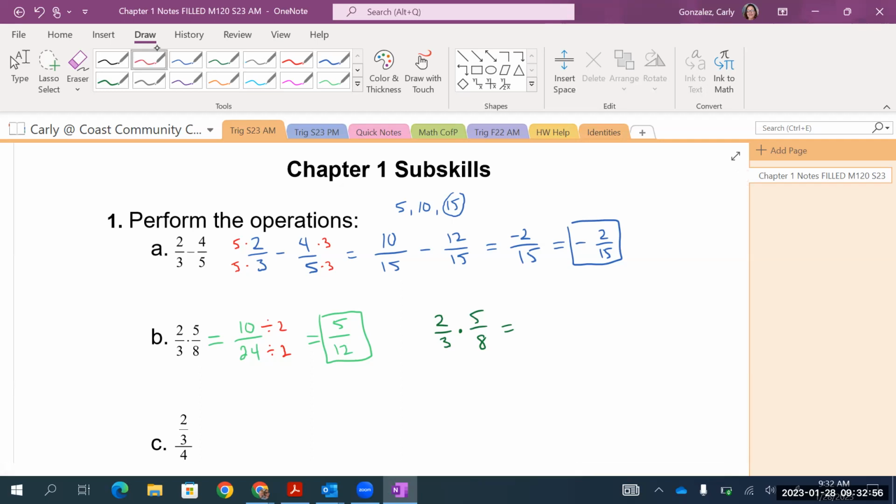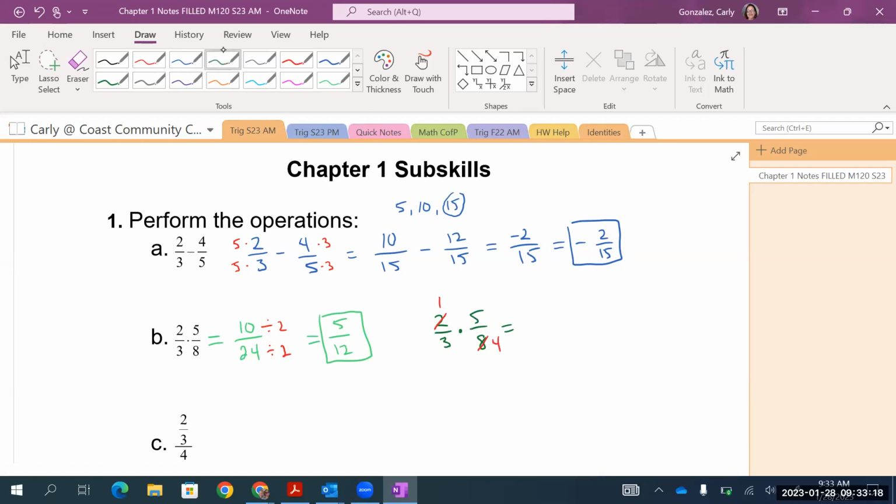So what we can do is we can see anything on the top can reduce with anything on the bottom. So since 2 and 8 can both be divided evenly by 2, we can go ahead and do that. So 2 divided by 2 is 1, 8 divided by 2 is 4.